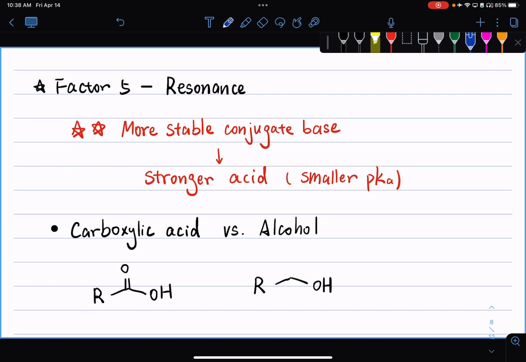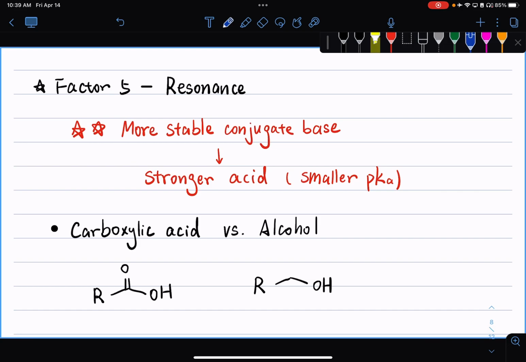More stable conjugate base means we have a stronger acid. So we talked about other electronic factors stabilizing the conjugate base, like electronegativity, inductive effects, or the hybridization effects. On top of it, we also discuss that resonance structure can stabilize your anionic species by delocalizing that negative charge between different atoms.